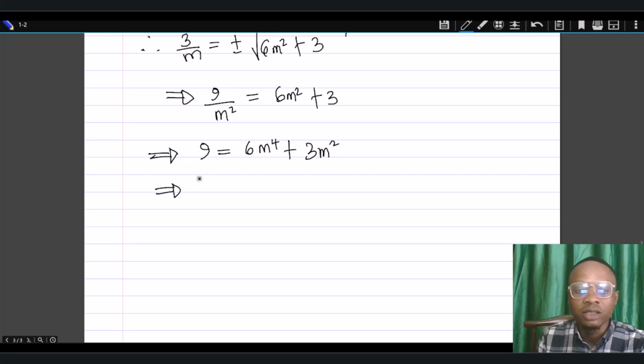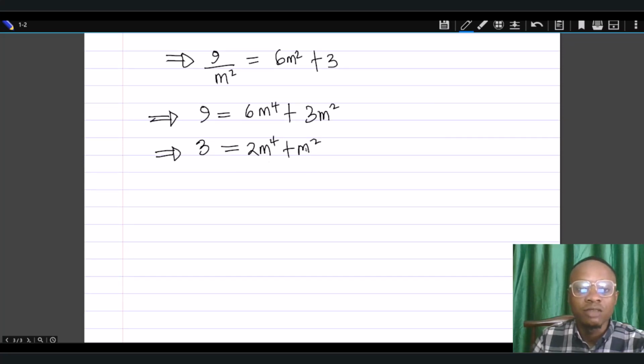Obviously 3 is common to everything here, so we can divide through by 3. This is going to give us 3 equals 2m to power 4 plus m squared. So we will have to solve this equation. How do we go about this? We can tidy this up and say this is 2m to power 4 plus m squared minus 3 equals 0.